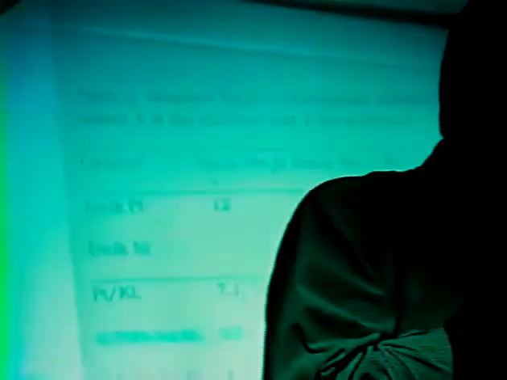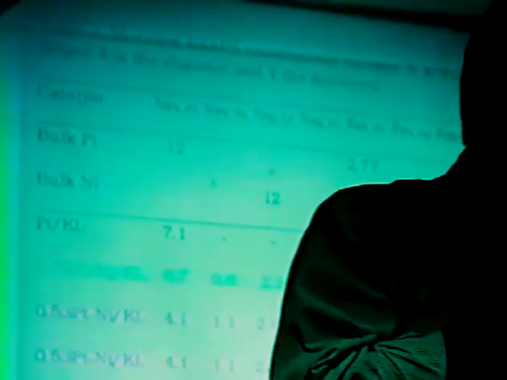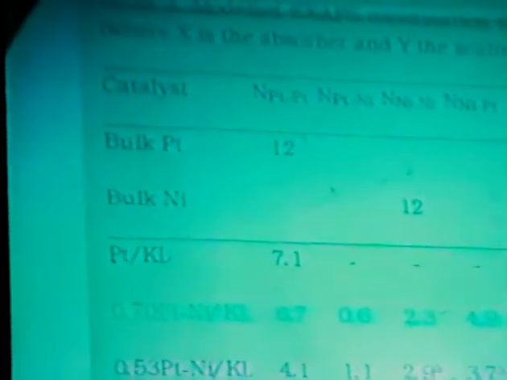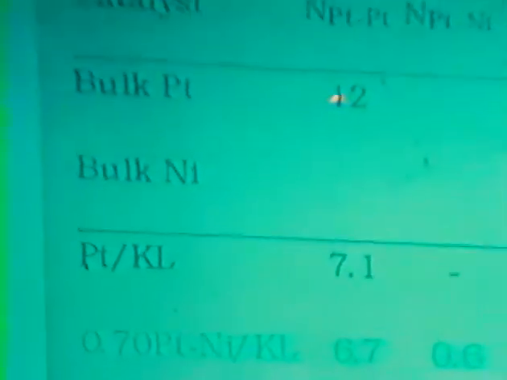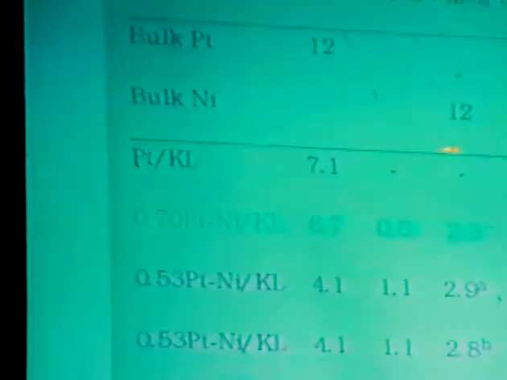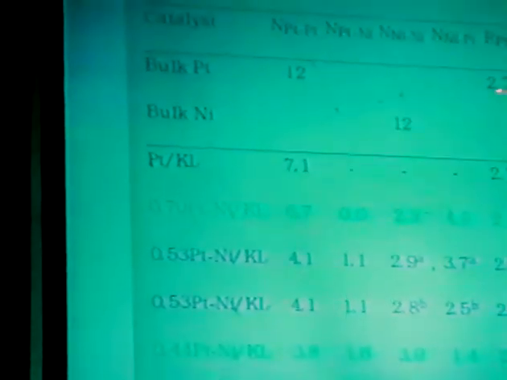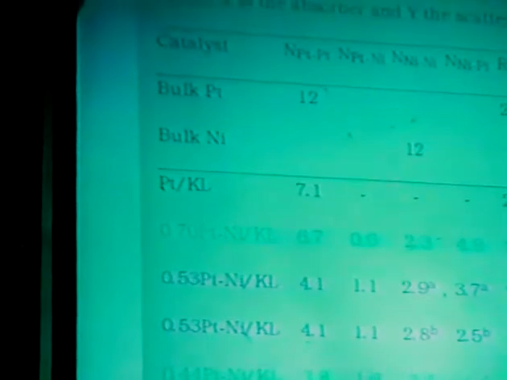The physical evidence that the two metals get together comes from XAS coordination numbers. Of course, in bulk metal, the coordination number for both of these is 12. The internuclear distance is 2.77 for platinum and 2.49 for nickel.